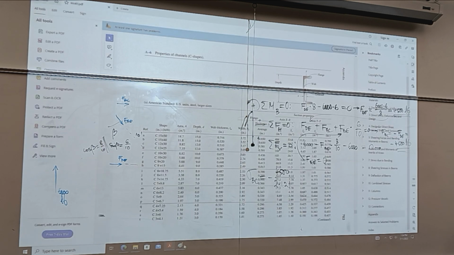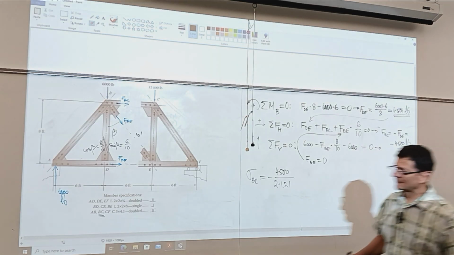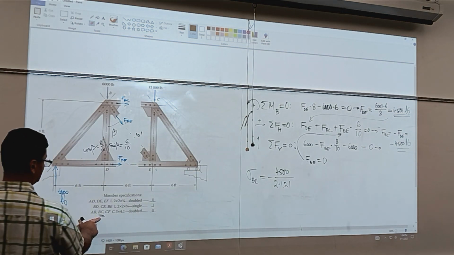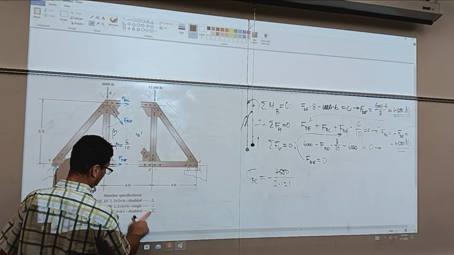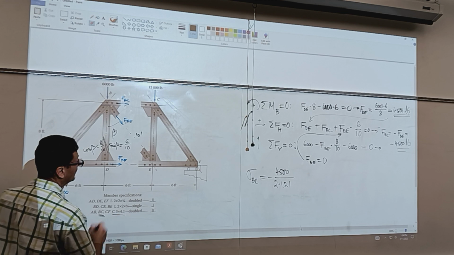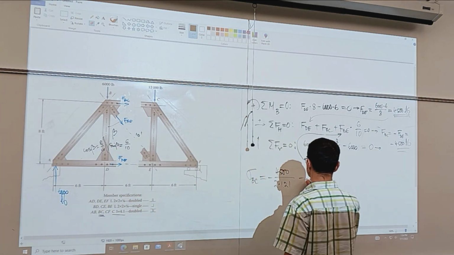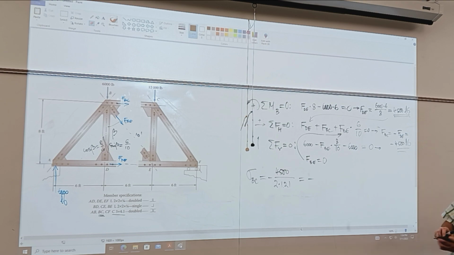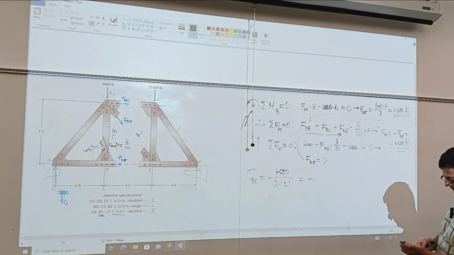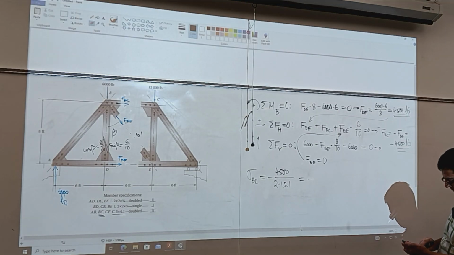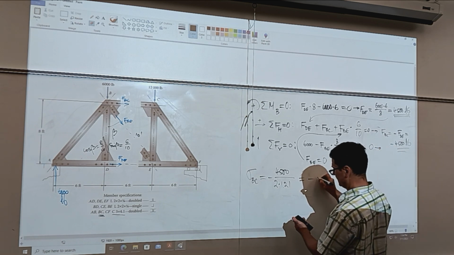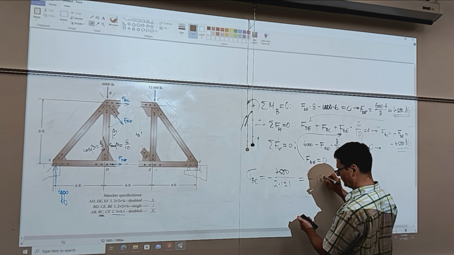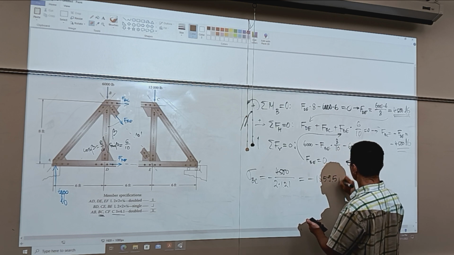Yeah, 1 to 1. It happened that these two link BCs are fabricated of two back-to-back C channels, and we can calculate the stress. Again, it's compressive. So 4,500 over 2 over 1.21. So this is negative 1859.5 psi.